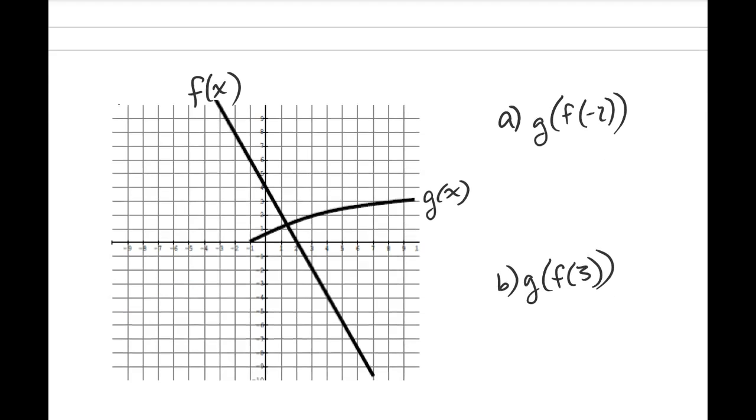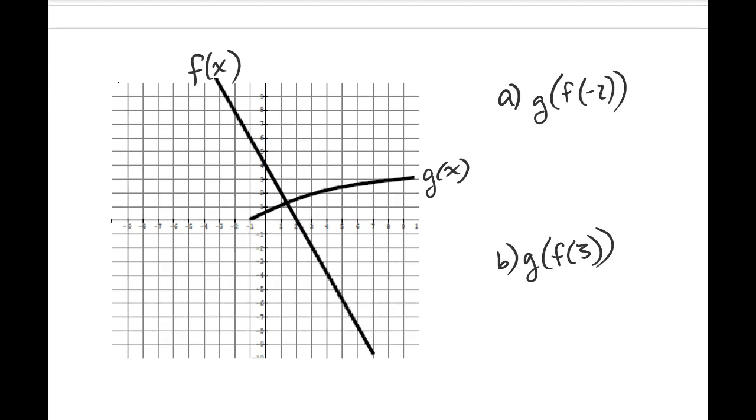So looking at the graph again, we can look at these values and say, okay, well, f at x equals -2 is +8. I then look at my x value at +8 and find my g output, and that is 3.